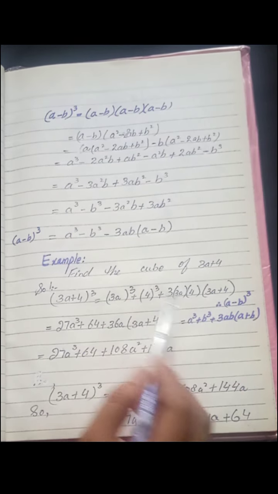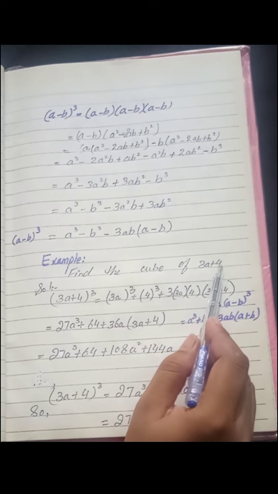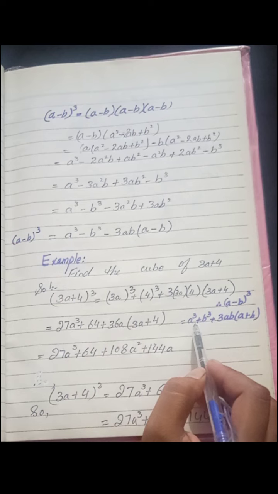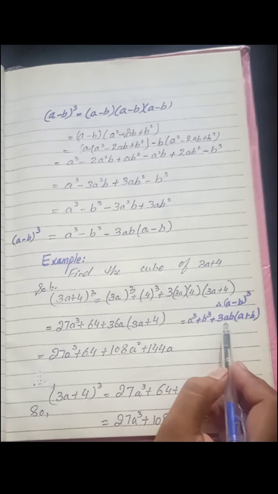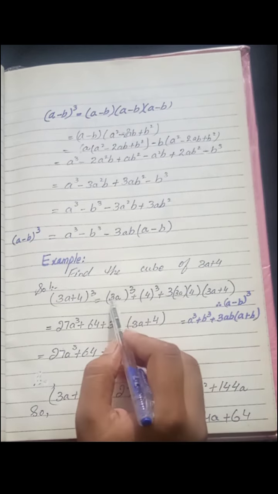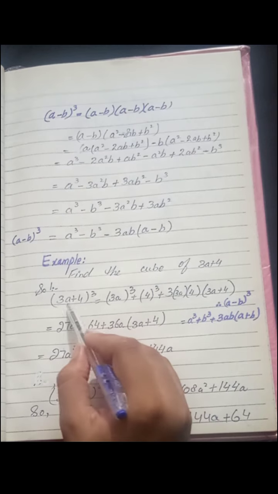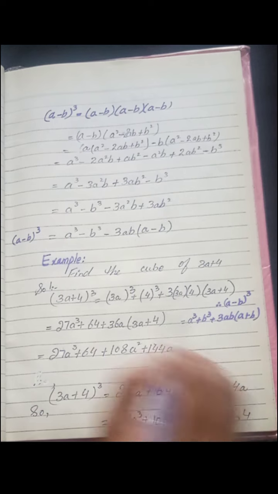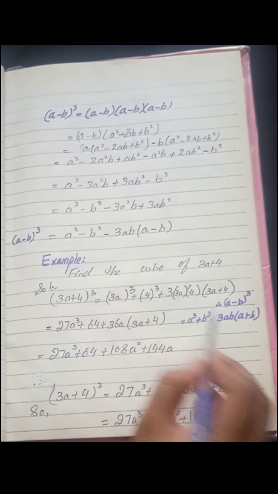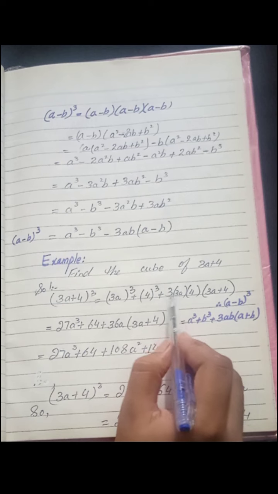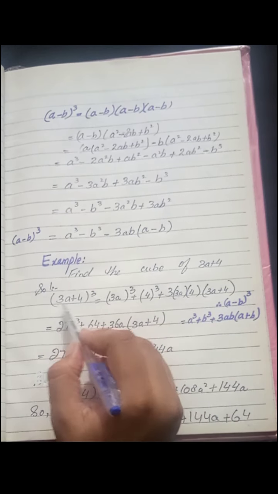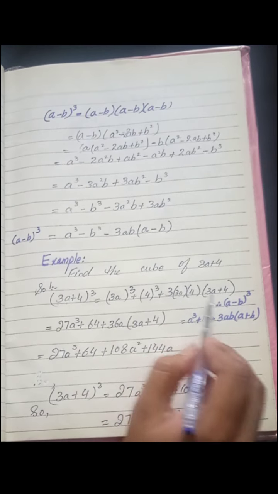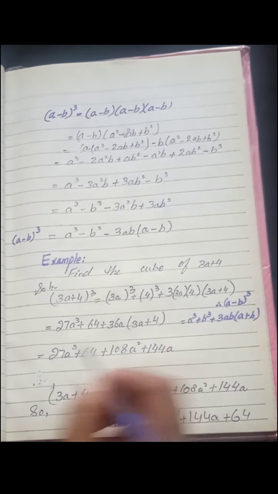For example, we have a value 3a plus 4. If we take cube of the value, we have identity a cube plus b cube plus 3ab, then bracket a plus b. Now we have a cube, which is 3a cube plus b cube according to the formula, which is 4 cube, plus 3ab. We put 3, then ab we have 3a and b we have 4, and then a plus b, so we have 3a plus 4.